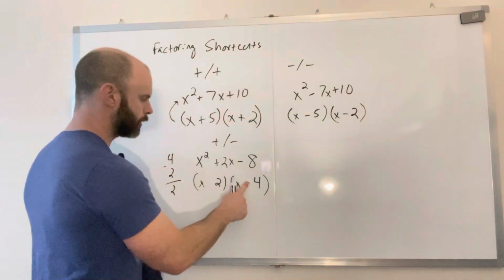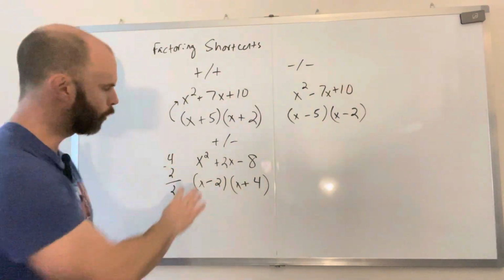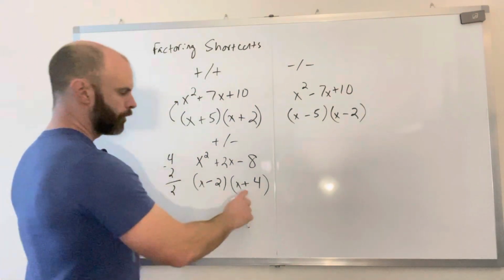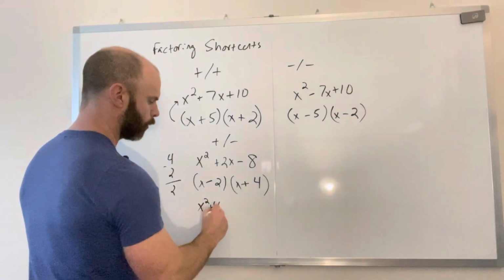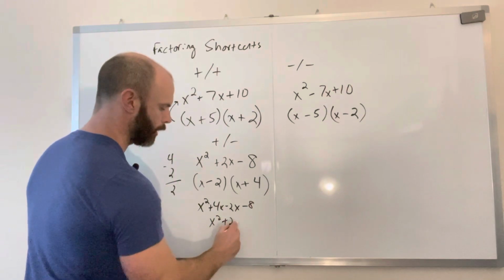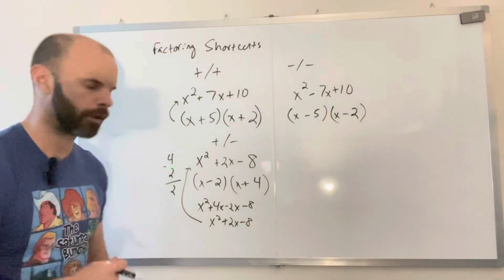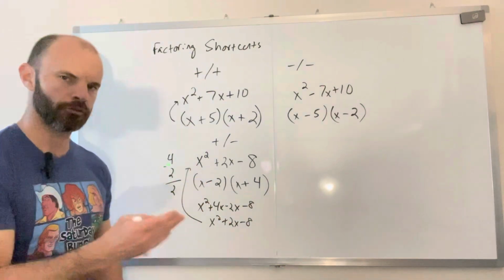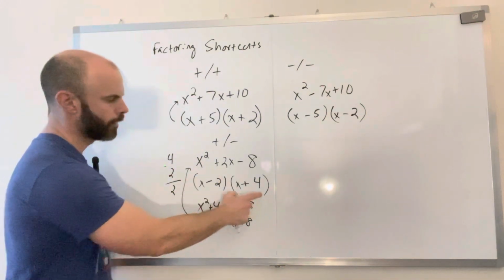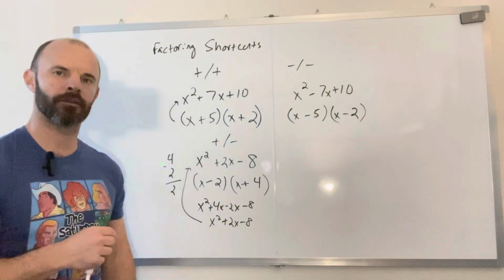I'm going to make this my minus, this my plus, and this my minus. The order doesn't matter, okay? So now I get x squared plus 4x minus 2x minus 8, x squared plus 2x minus 8, and that works. All right, so I know it has to be the plus 4 and the minus 2. Little trick is, if that's a plus, then the bigger number has to be with the plus, okay? So that's your plus minus, right?